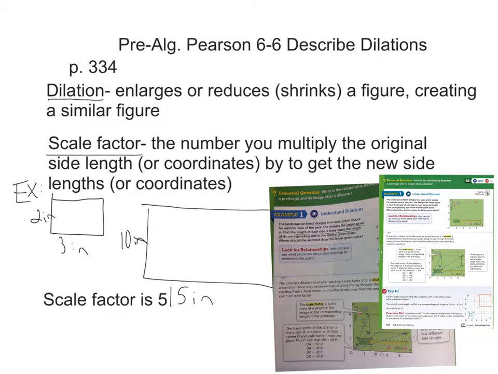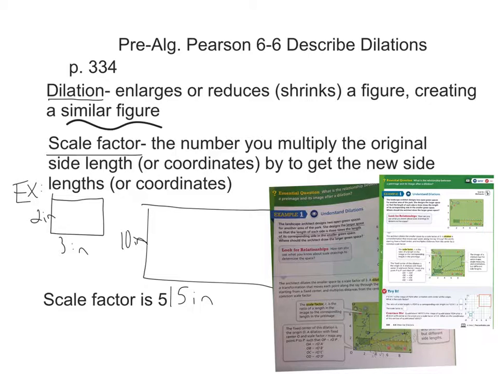If you just drag from one side or the other, it just stretches it in one direction. But from the corner, you're creating a similar figure. And that's the idea with the dilation. We're creating a similar figure. It's not exactly the same, but the sides are proportional to each other. Okay?